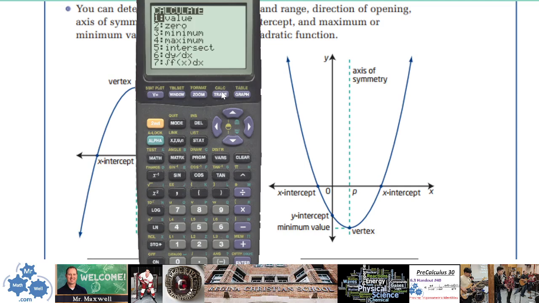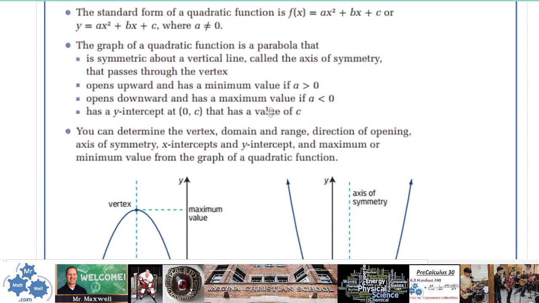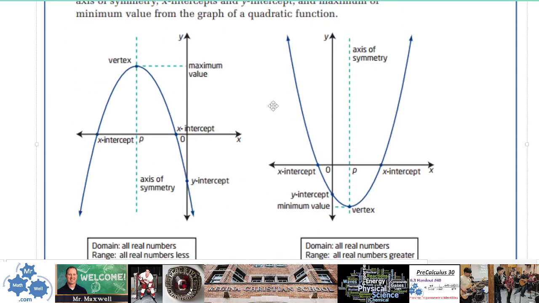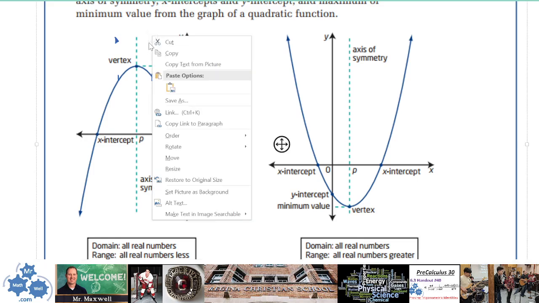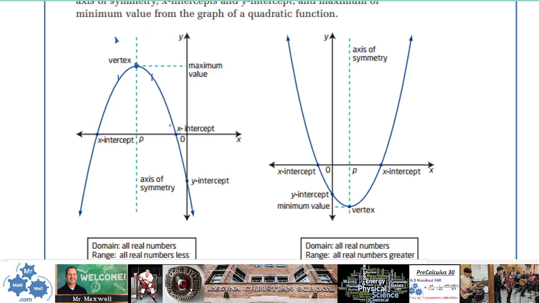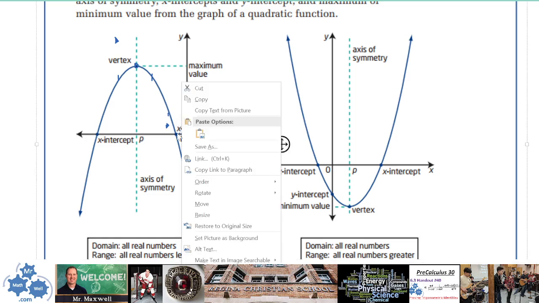Okay, let's see. I'm just looking at your textbook here. This is the summary for 3.2. And here's the graph. So obviously you know how to find the vertex now, right? You would put up little markers. You want to find the maximum. Put a left boundary here, a right boundary over here somewhere, and then get the calculator to guess, and it'll give you the vertex. For the x-intercepts, put a little marker to the left of the x-intercept, put a little marker to the right of the intercept, and get it to guess.